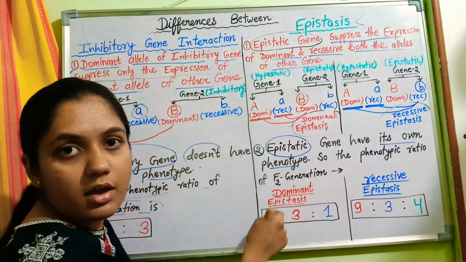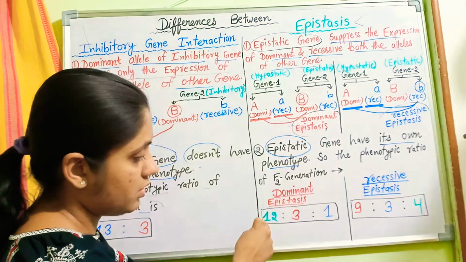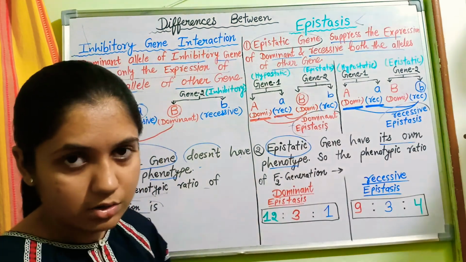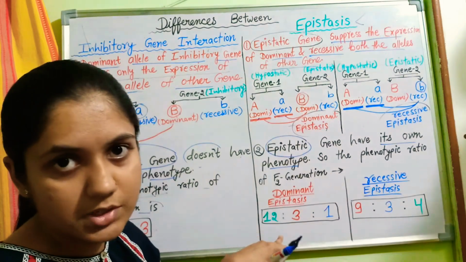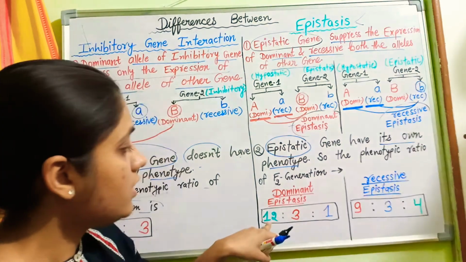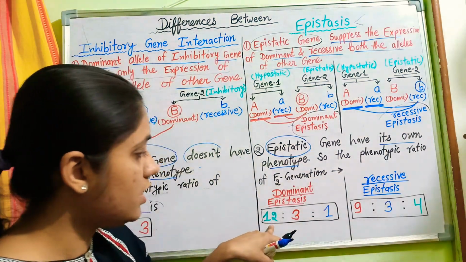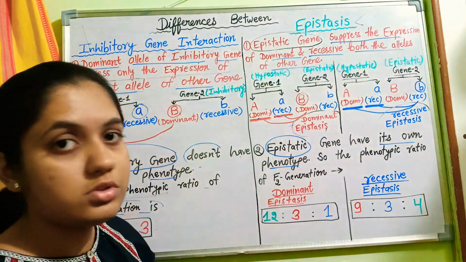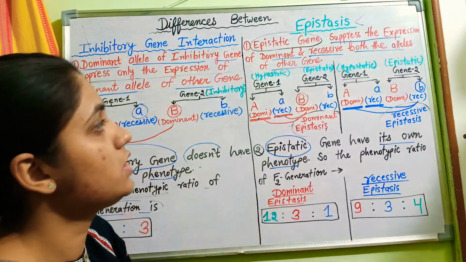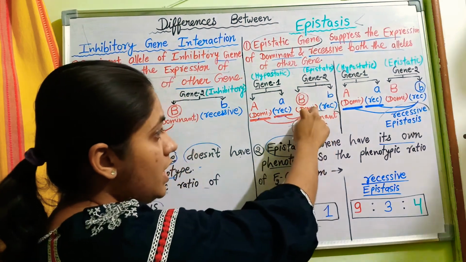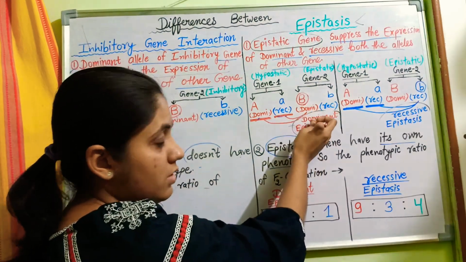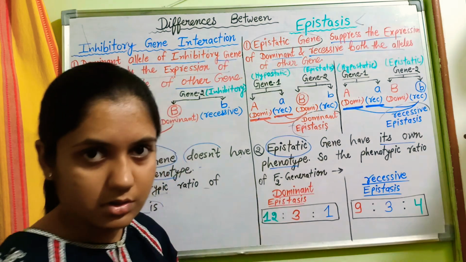I use the green color to show you. So what does this green color represent? It represents that this phenotype is produced because of the phenotypic expression of gene 2. The gene 2 dominant allele produces, suppose, the green color.